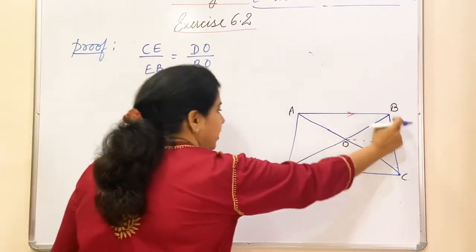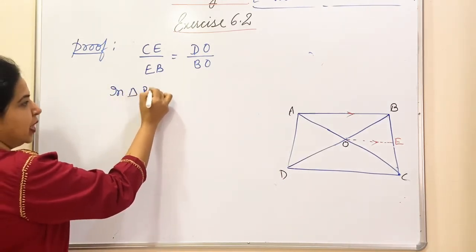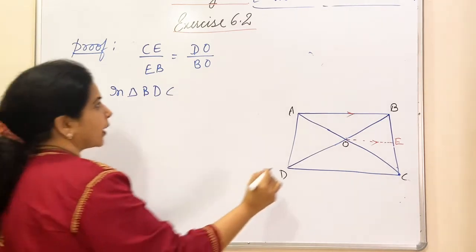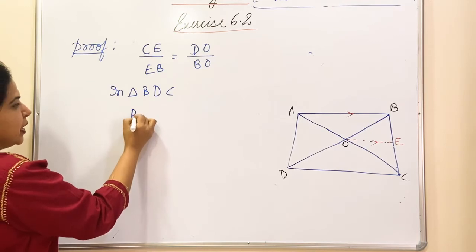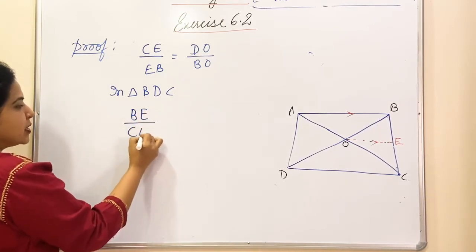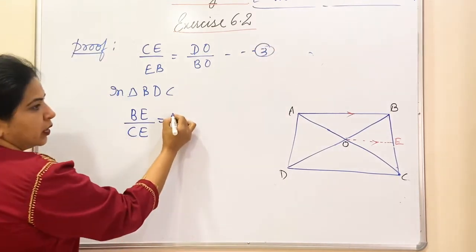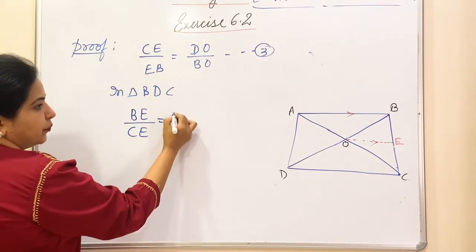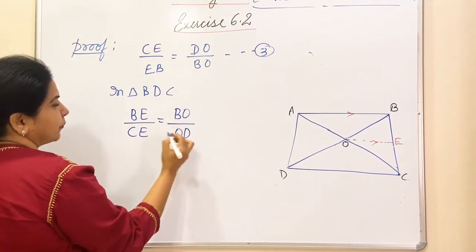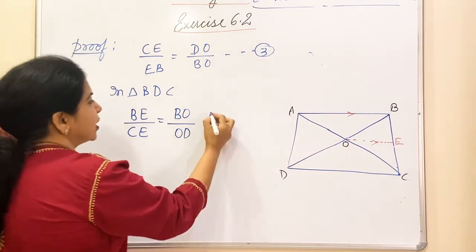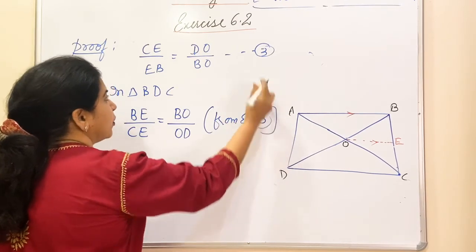Okay. So in this triangle BDC, we can write the converse of this: BE upon CE is equal to, converse of this, BO upon OD. Okay. So this we have written from equation 3.